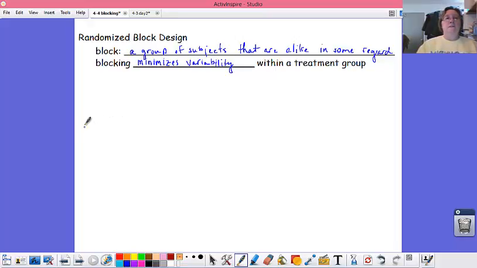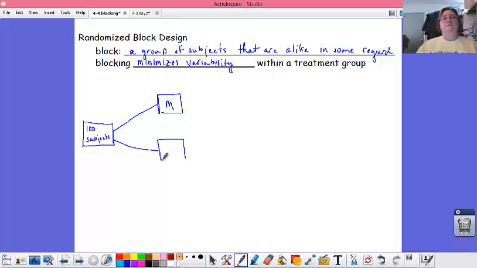If we were going to set up our experiment to be a randomized block design, we still have our same 100 subjects. But this time, we're going to separate them first, and I am going to choose to go by gender. We're going to separate them into a male group and a female group, since I think that gender may have something to do with how they'll react to the drug.